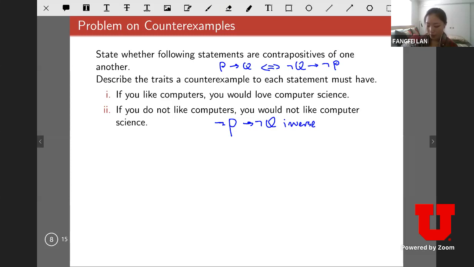Describe the traits a counterexample to each statement must have. Can we write the counterexample in symbols, like the contrapositive symbols? If we have P implies Q for both of these statements, how would we write a counterexample? What would a counterexample look like?